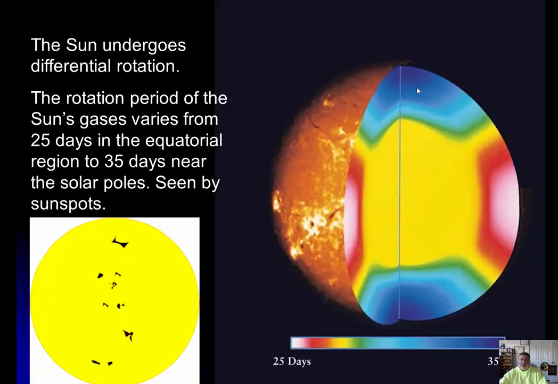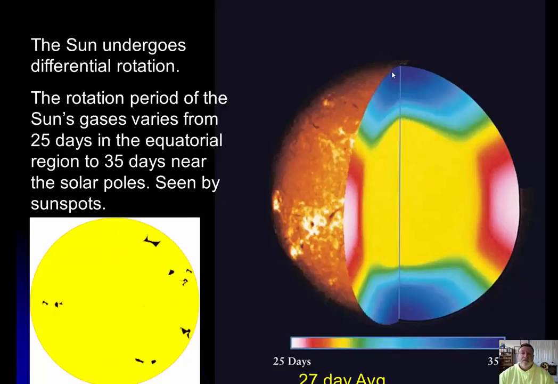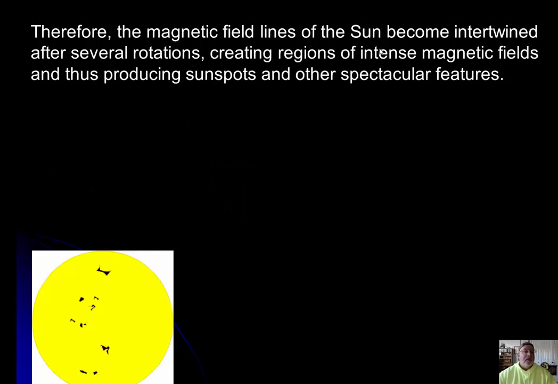The reason is that there's a lot more area in the equator moving at 25 days for 360 degrees than there is for the poles, turning in 35 days. So we're going to say the average is a 27-day rotational speed.